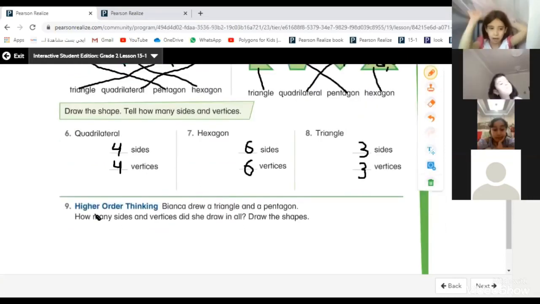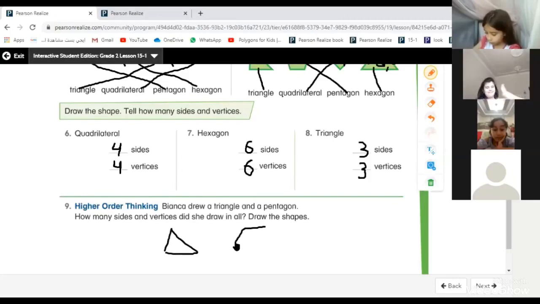Okay, Judy. Yes, teacher. Number 9. Draw a triangle. Okay, we will draw a triangle with her, and a pentagon. 1, 2, 3, 4, 5. Okay. Here 5 and here 3. Can you tell us how many sides and vertices did she draw in all?